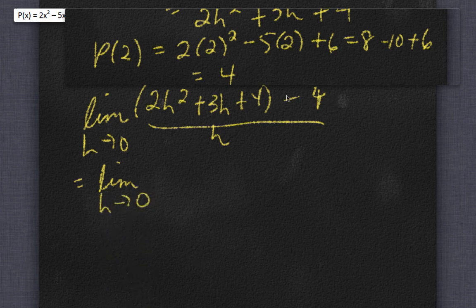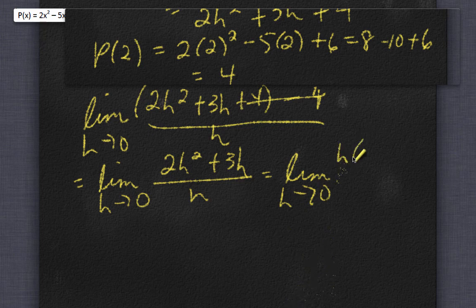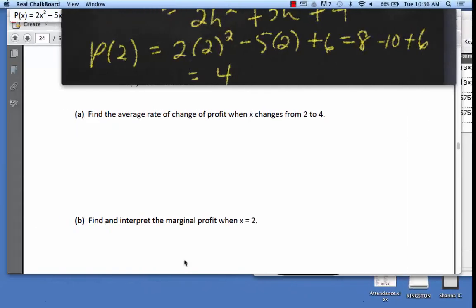So the 4's go away, and we have 2h squared plus 3h over h. And then I plug in h equals 0, and I get 3. So you would predict the cost of the next unit to be 3 based on this. And of course, we did it from 2 to 4 instead of just 2 to 3, and we got ourselves more off.